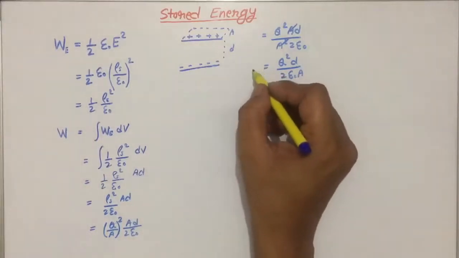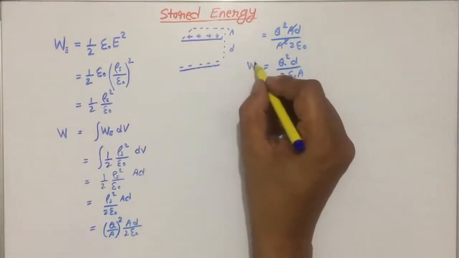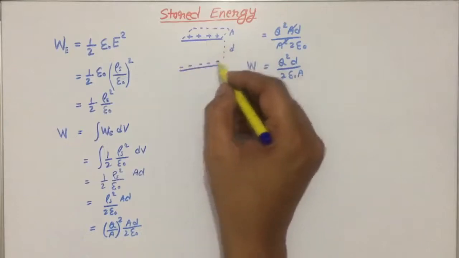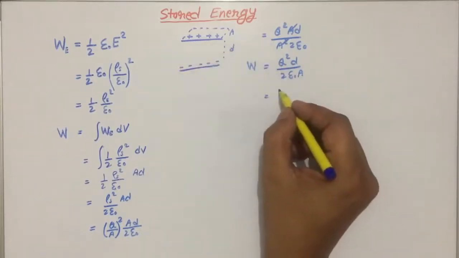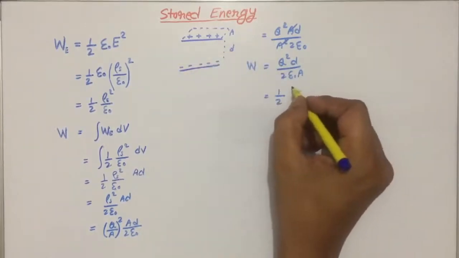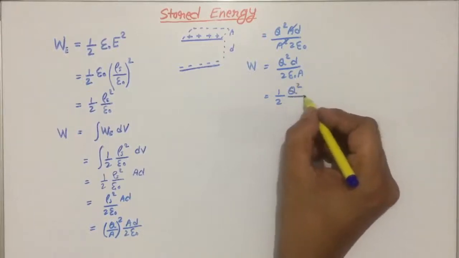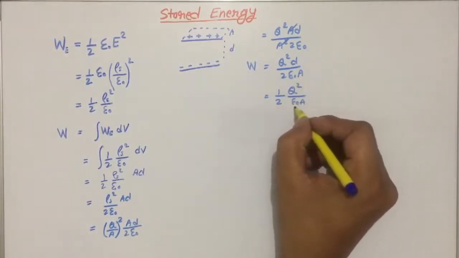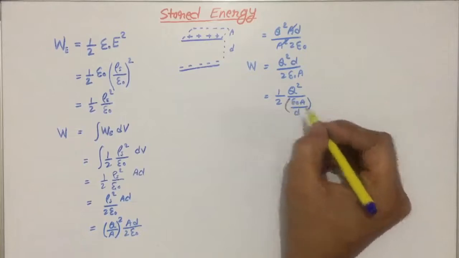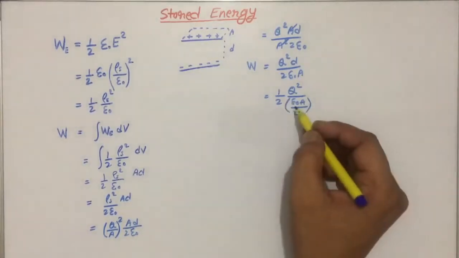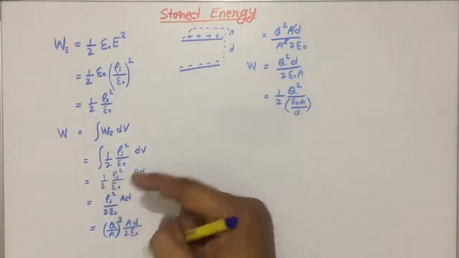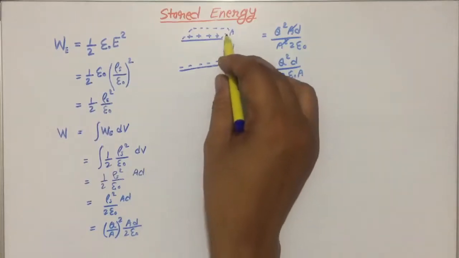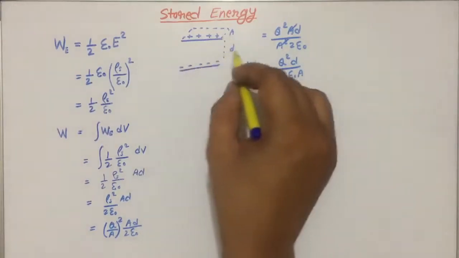And this is the total energy in the capacitor. In simplified form, we can further write Q square by epsilon naught A by D. What is this? This is simply the formula of C in this case.